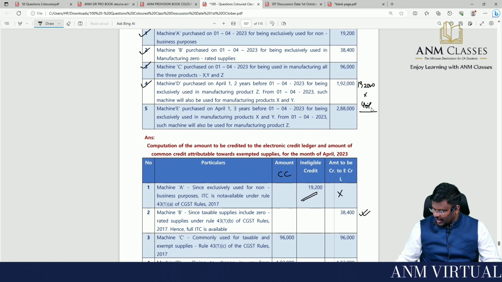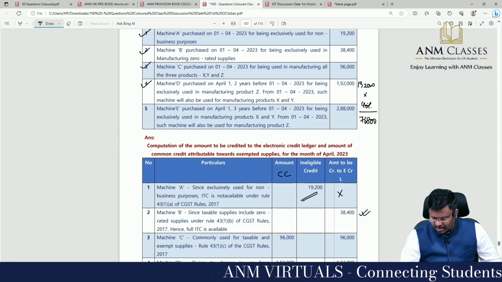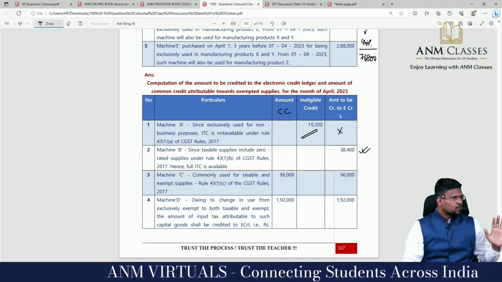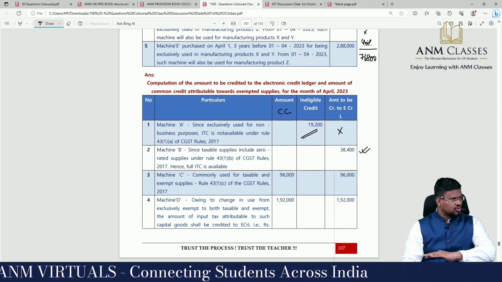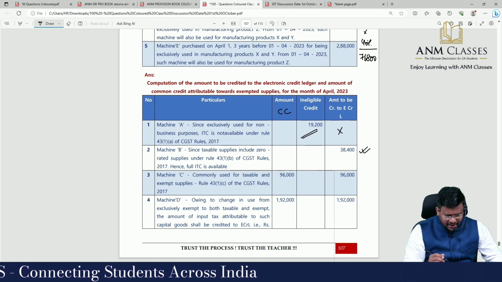So 1,92,000 into 40% comes to 76,800, which is the credit attributable to exempted supply already produced. Correct? So now the balance only is eligible.